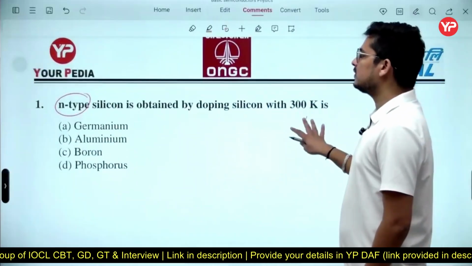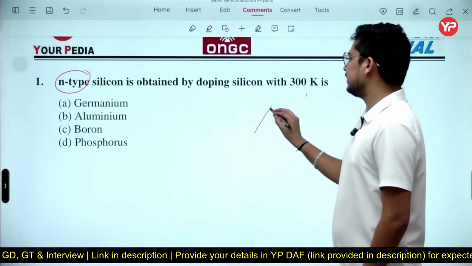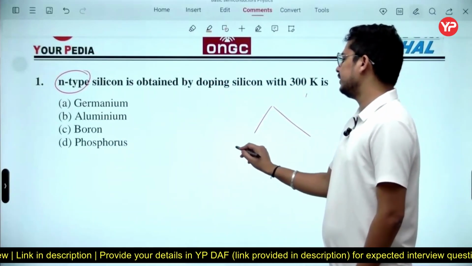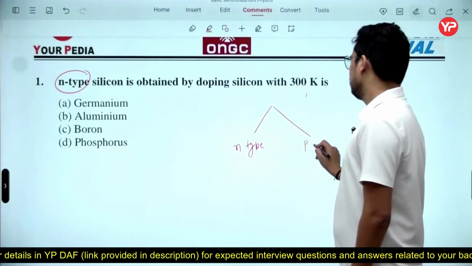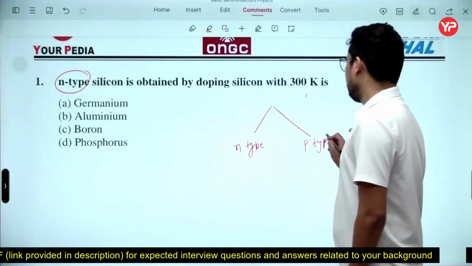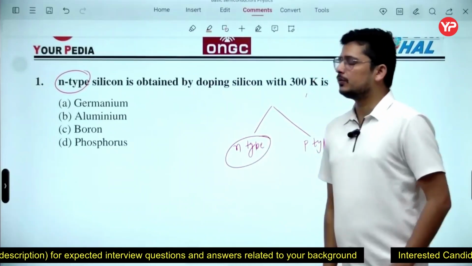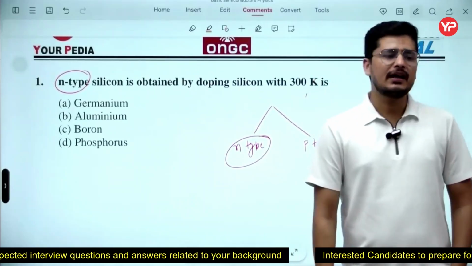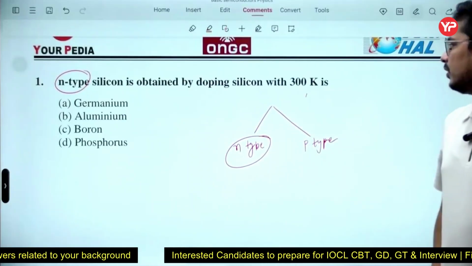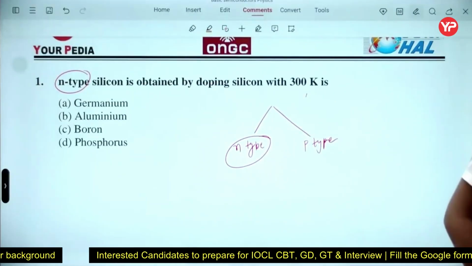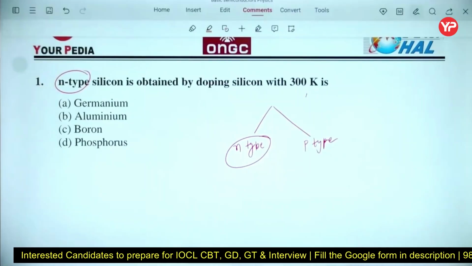Now on the basis of that, extrinsic semiconductors are further divided into two types, N-type and P-type semiconductor. N-type means when you are introducing pentavalent impurity into it.